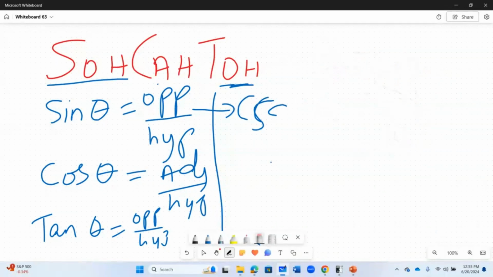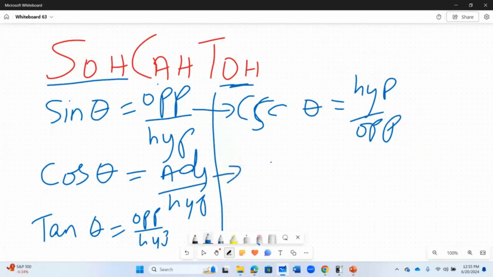But even if I don't draw that triangle again, guess what? The cosecant is the reciprocal of sine. So since I already know sine, cosecant of theta is the reciprocal of sine, hypotenuse over opposite. Cosine also has a brother, call it a sister if you like, and that is secant.